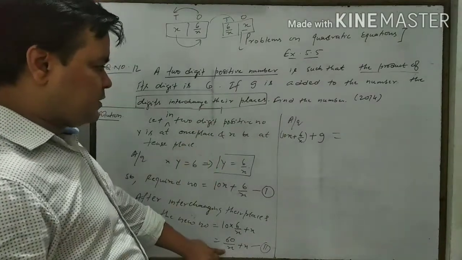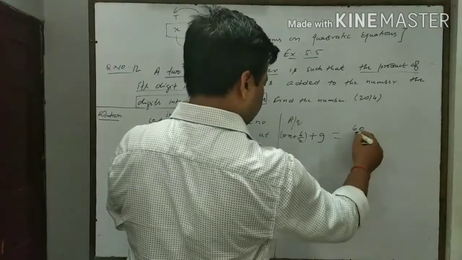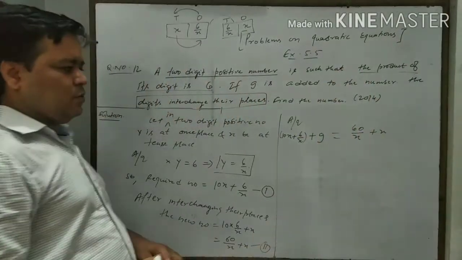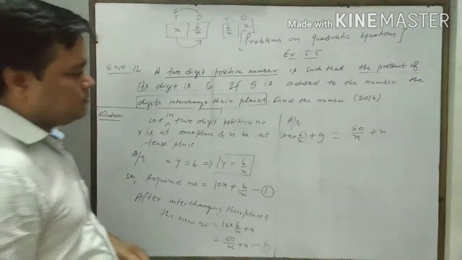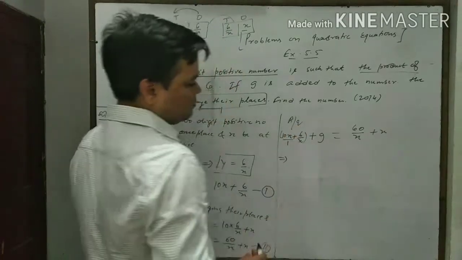If 9 is added to the original number, means 10x plus 6 by x, the digits interchange their places. The new number will be like this way: 60 by x plus x. Okay.